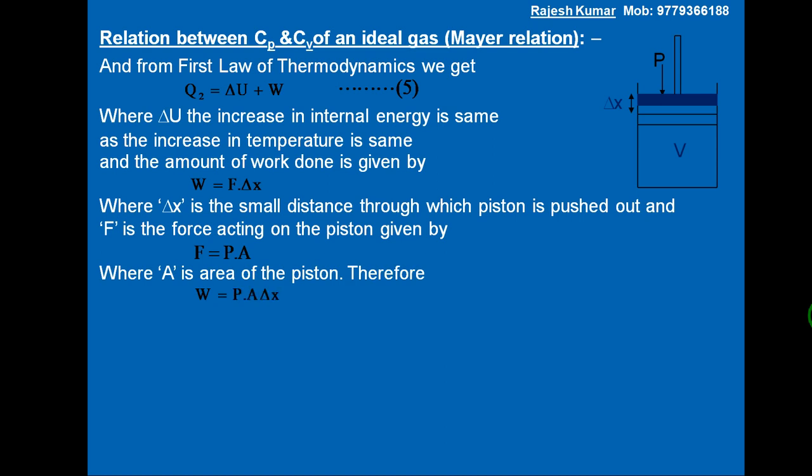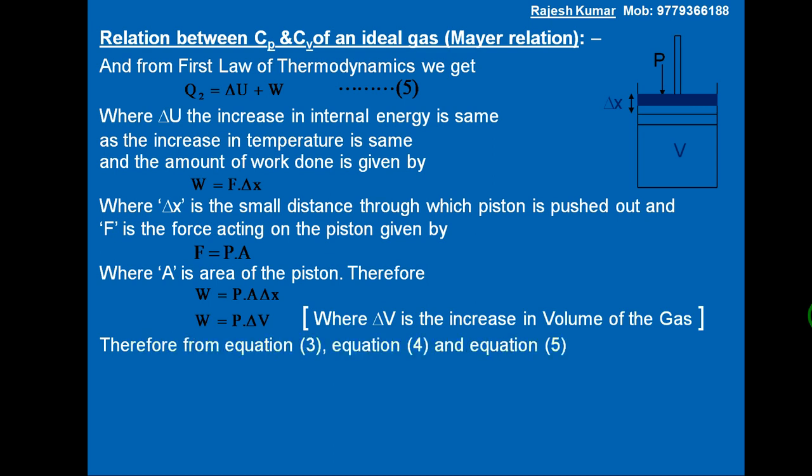Therefore W is equal to P into A delta x, or W is equal to P into delta V, where delta V is the increase in volume of the gas.